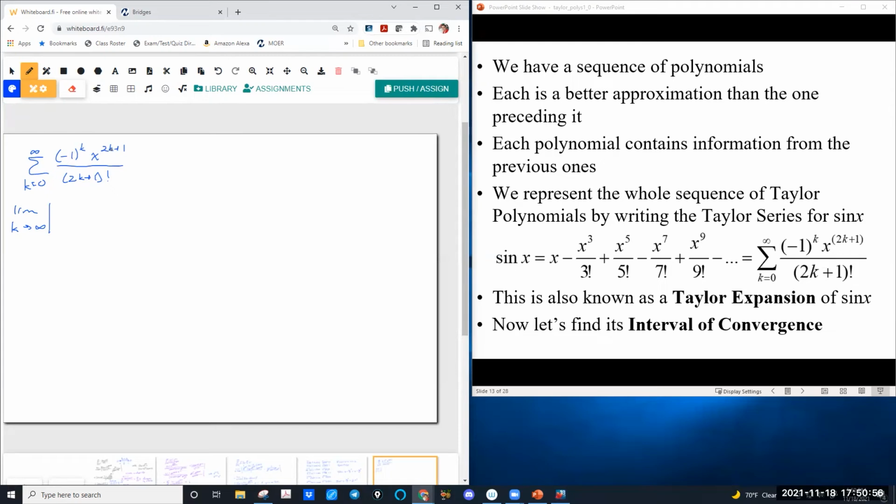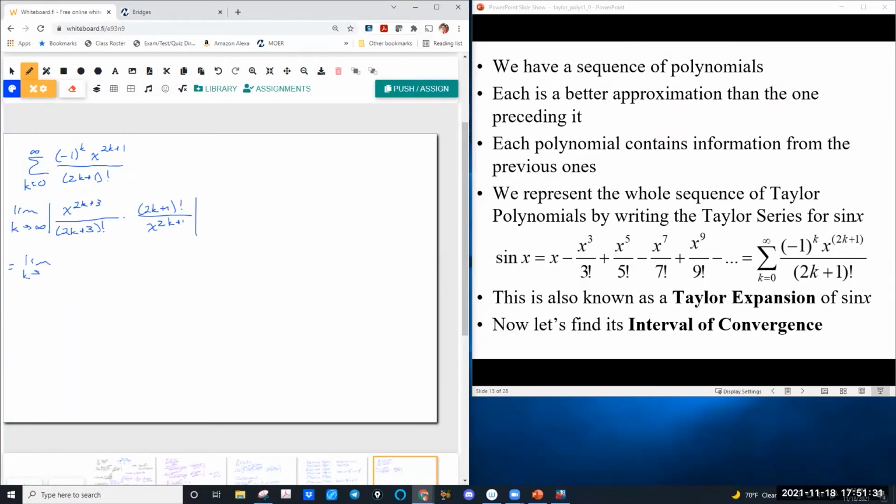We'll put in k plus 1 every place there's a k. And like we saw before, because of this 2, when we put in that k plus 1, we're going to get x to the 2k plus 3. So that's the same as the one we looked at previously. Over 2k plus 3 factorial. And this is times 2k plus 1 factorial over x to the 2k plus 1. Now we go into factoring mode.